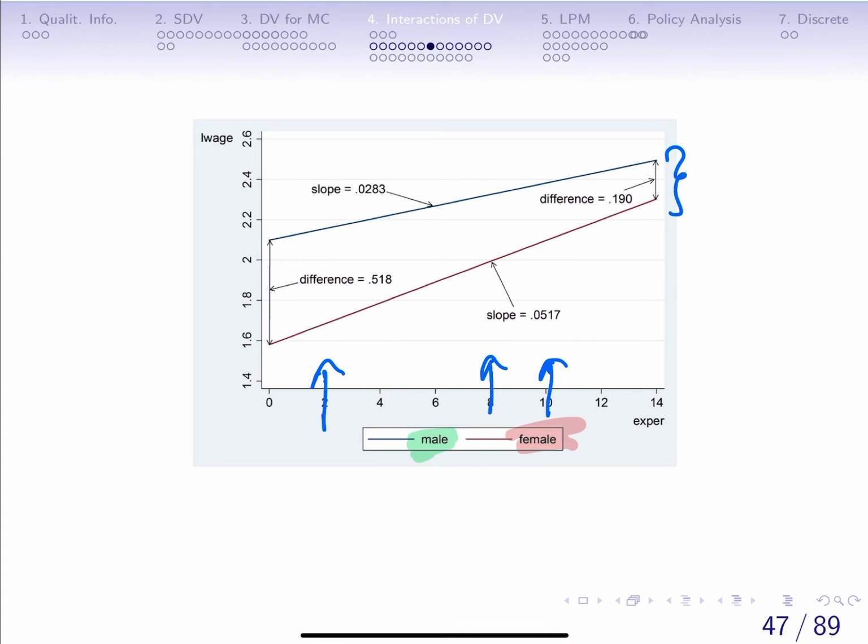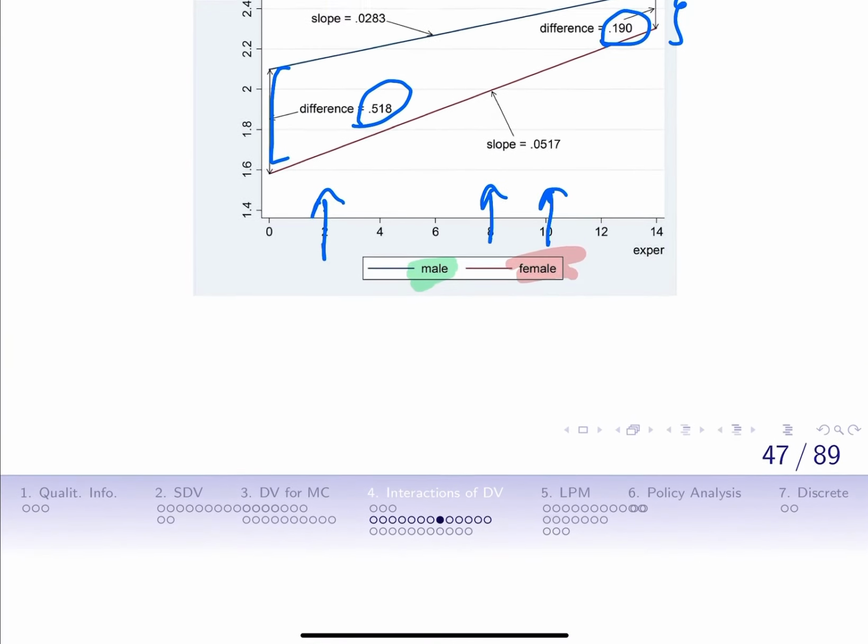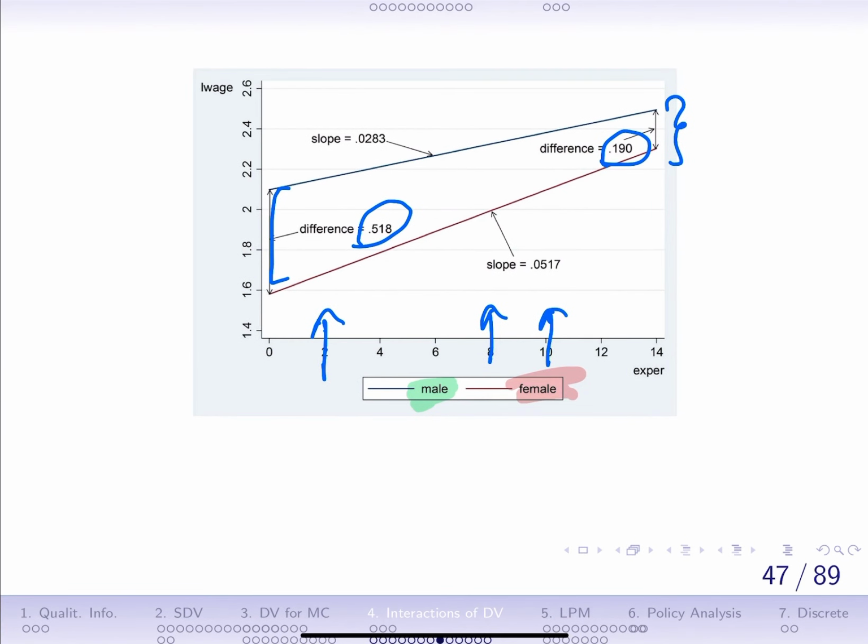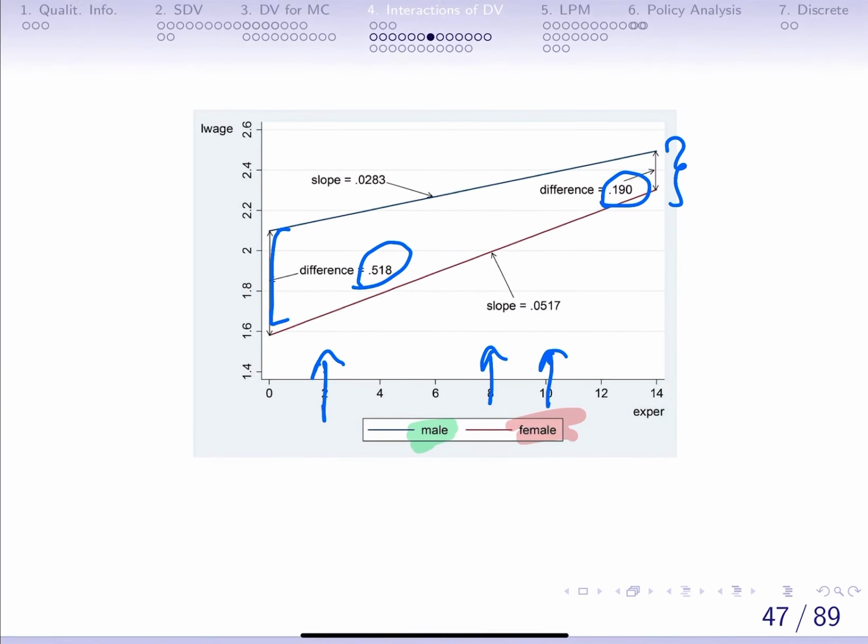So for instance, at 0, that difference is just that delta naught that you had, which is 51.8%, but then that's reduced to 19% at 14 years of experience. So the gap is not fully closing, and that's also something that we see here.